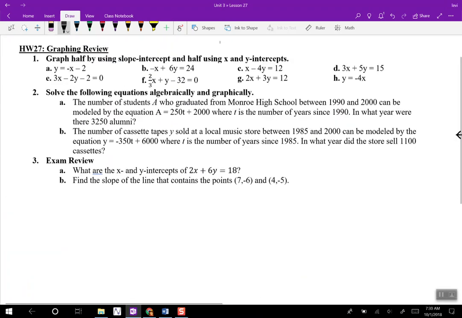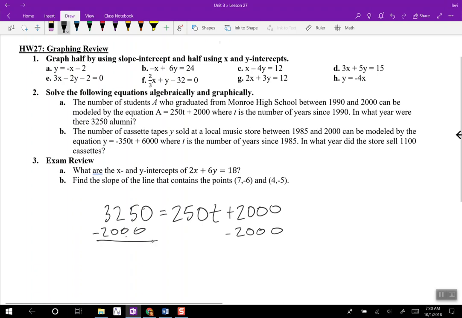So in our equation, we want to say 3,250. When is that going to equal 250t plus 2,000? And we can solve for t. So solving for t, we'd subtract 2,000, and we get 250t equals 1250.